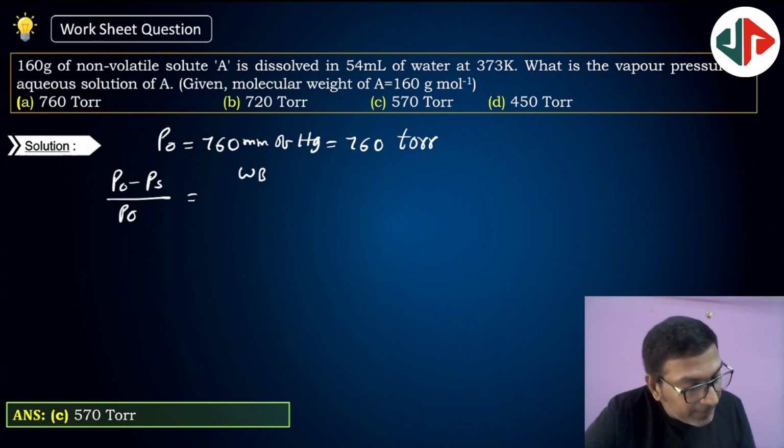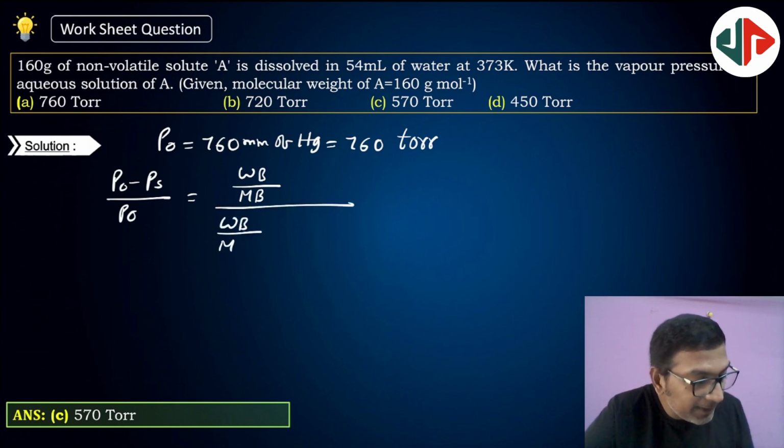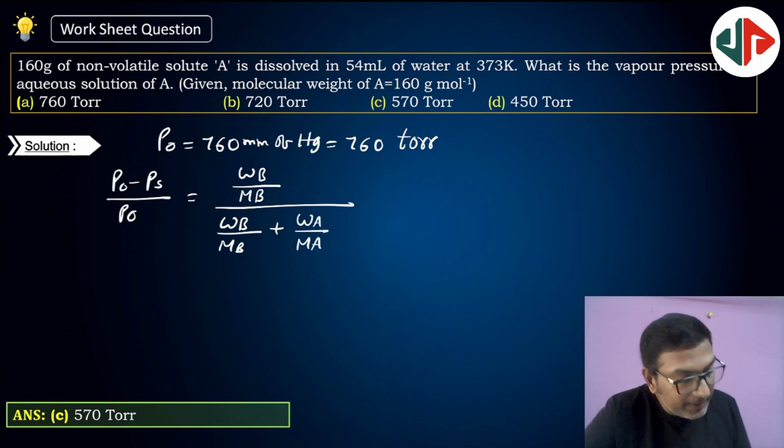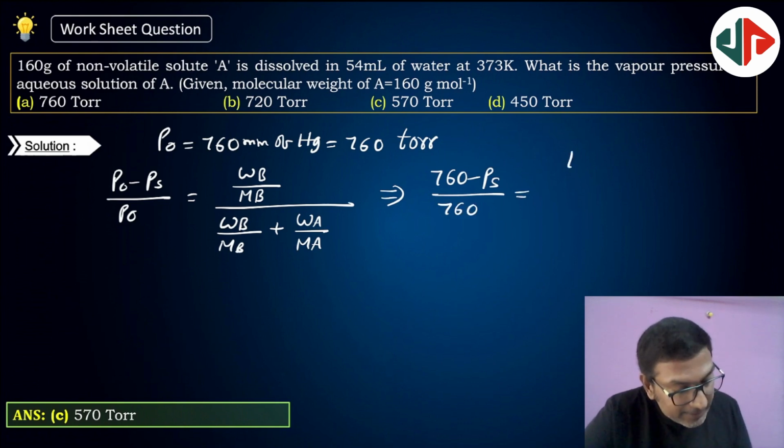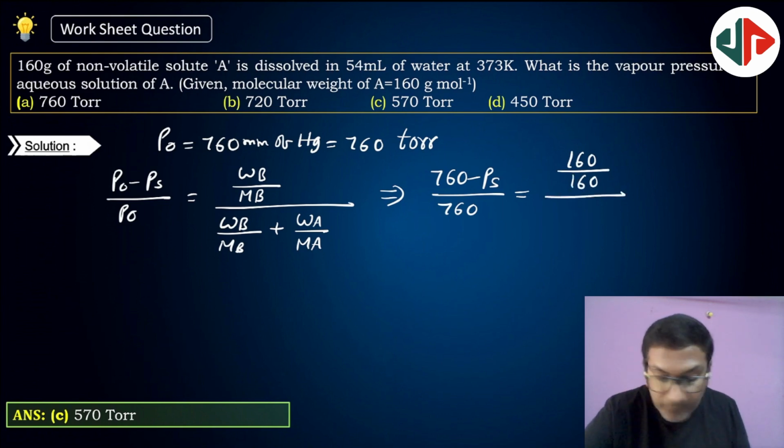So next, P naught minus Ps by P naught equals Wb by Mb by Wb by Mb plus Wa by Ma. So on substituting P naught value 760, 760 minus Ps by 760 equals, weight 160 grams, molecular weight also 160, so 160 by 160 plus 54 grams, 54 by 18.